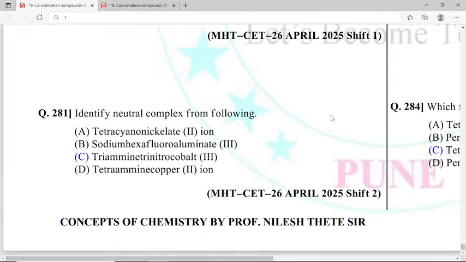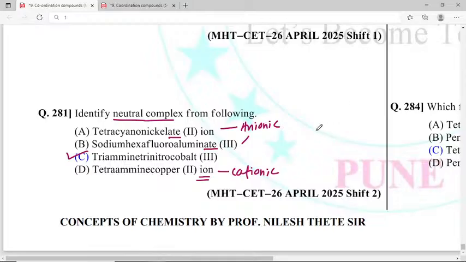Identify the neutral complex. The name has the ending ATE, so this is an anionic complex. So this is the neutral complex. And as the name suggests, ion, it should be either a cation or an anion. But this is not a cuprate, so this is a cationic complex.